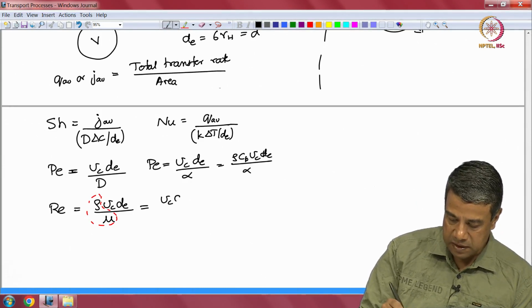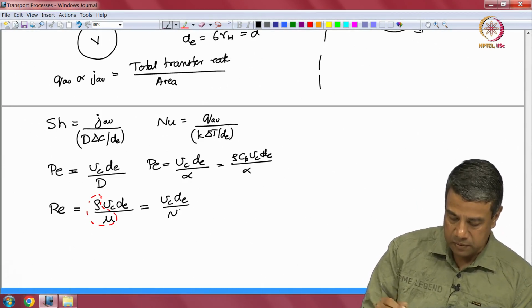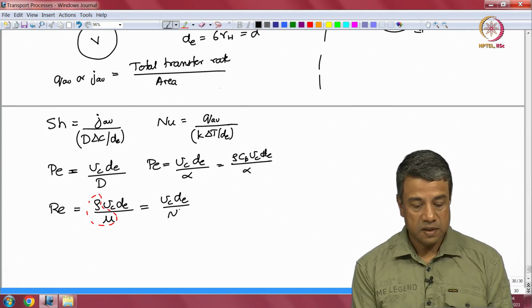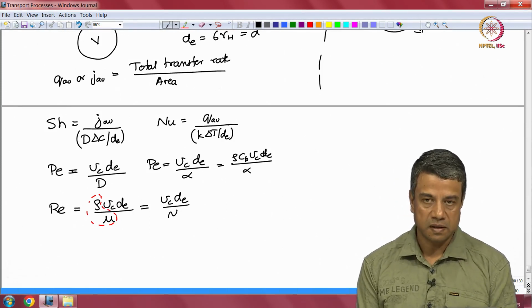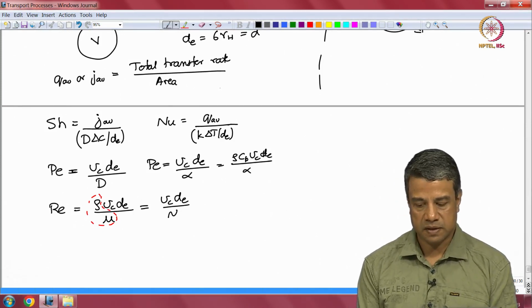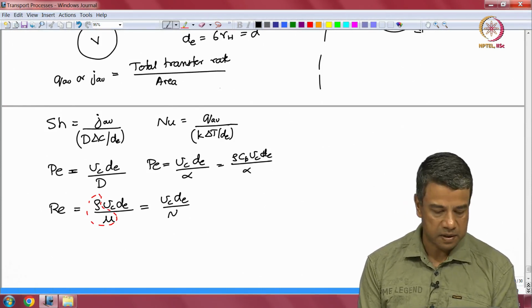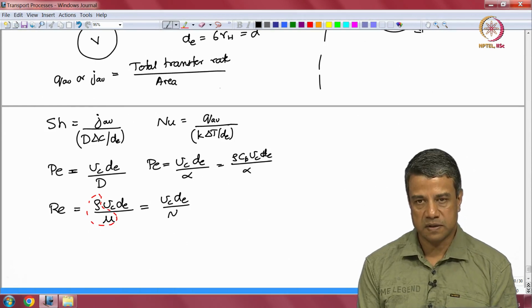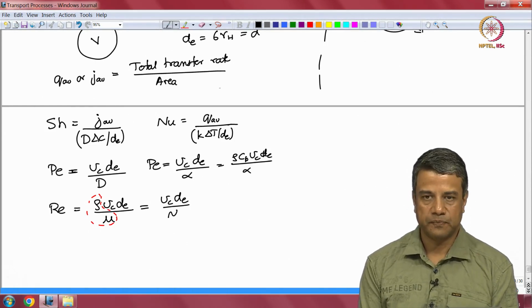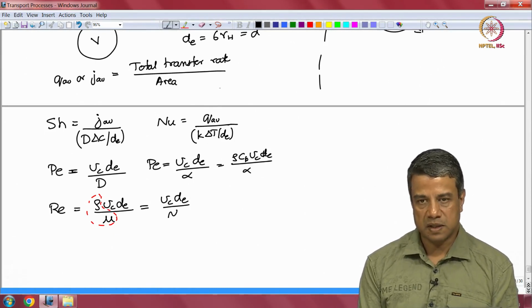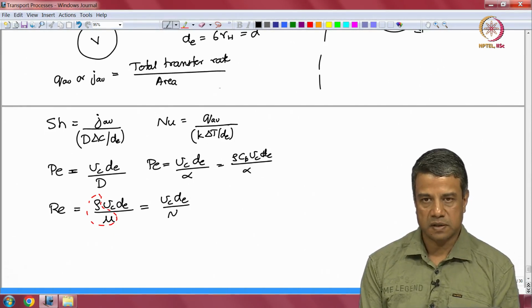So, this is V c times d E by nu. This is also the ratio of convection and diffusion. The Reynolds number is the characteristic velocity times the equivalent diameter divided by the kinematic viscosity, which is the diffusivity. So, all of these dimensionless numbers have the form velocity times a length divided by a diffusion coefficient.